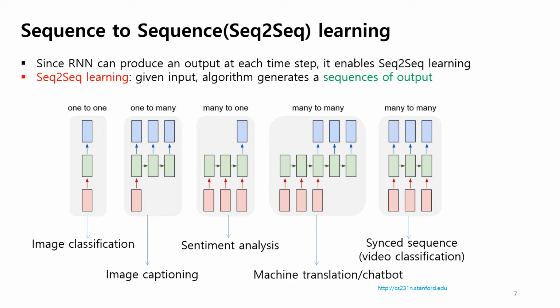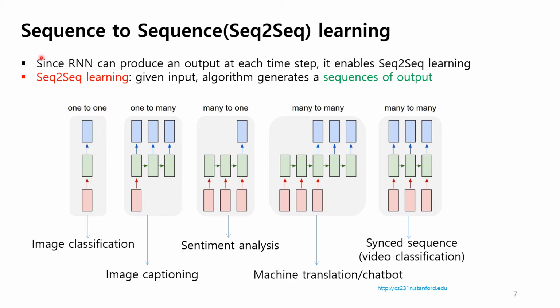So input is sequence data, output is sequence data. That's very interesting, right? That's why we call it sequence to sequence learning, and it is one of the biggest characteristic advantages of the RNN method.